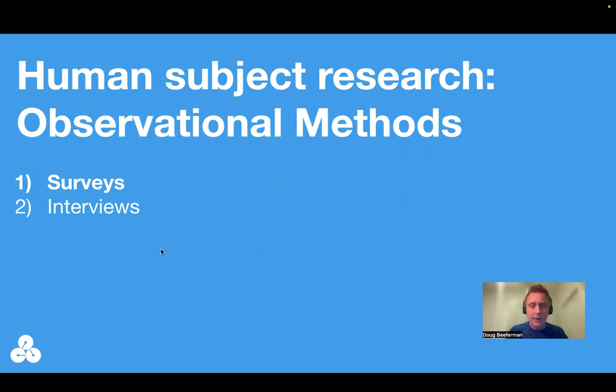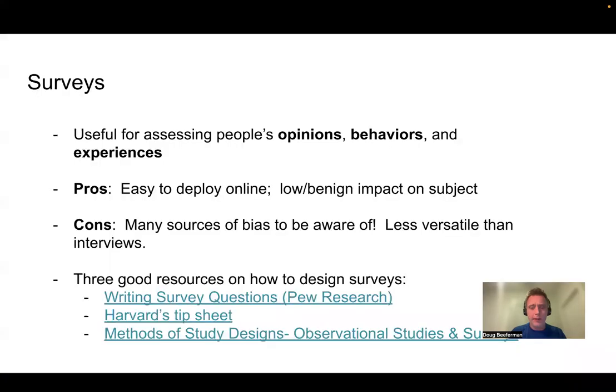Okay, so now we're going to switch gears and talk about observational methods. I'm going to cover the section on surveys, and then I think Hope will talk about interviews, and Suyash about randomized controlled trials. So surveys. Surveys are useful for assessing people's opinions, behaviors, experiences.